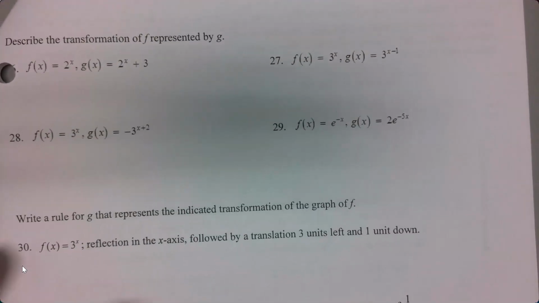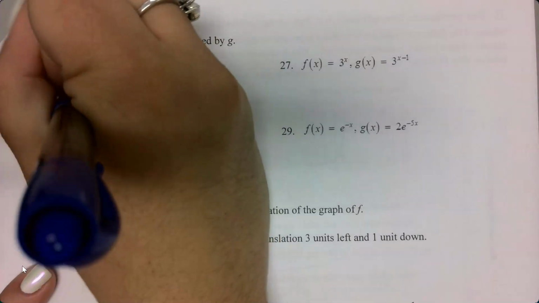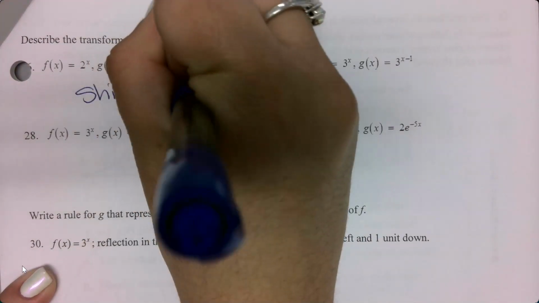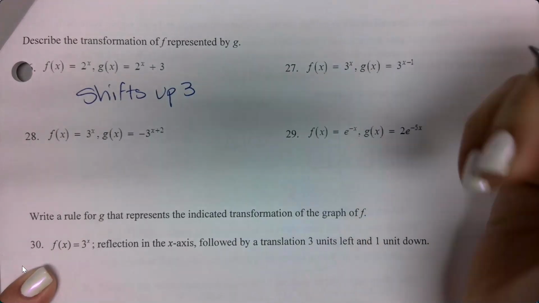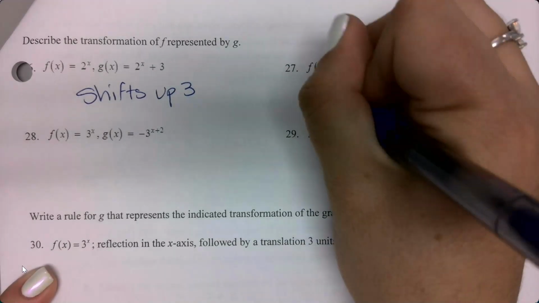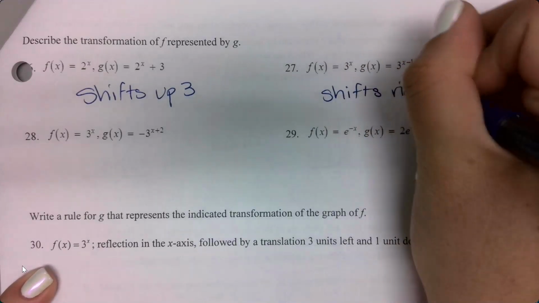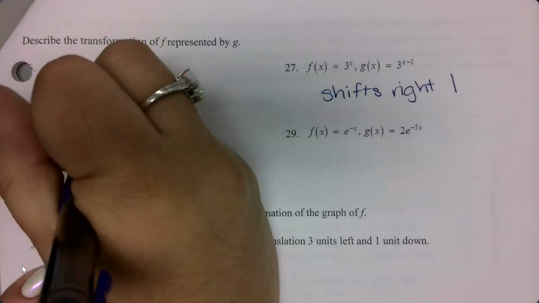Okay, this one wants me to say the transformation represented by g. I'm adding 3 at the end, so this is shift up 3. This one is subtracting 1 in the exponent with the x, so that is shifting right 1, because remember it's opposite the sign with the x. Over here I have a negative out front, so that is a reflection.